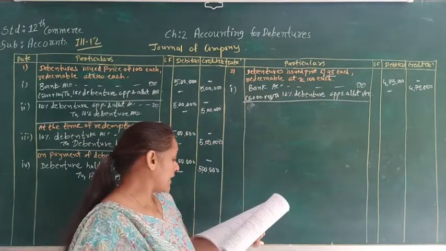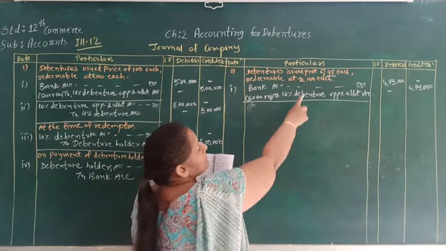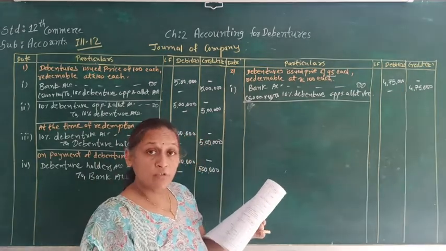Now the next journal entry will be to transfer this debenture application account to debenture account.